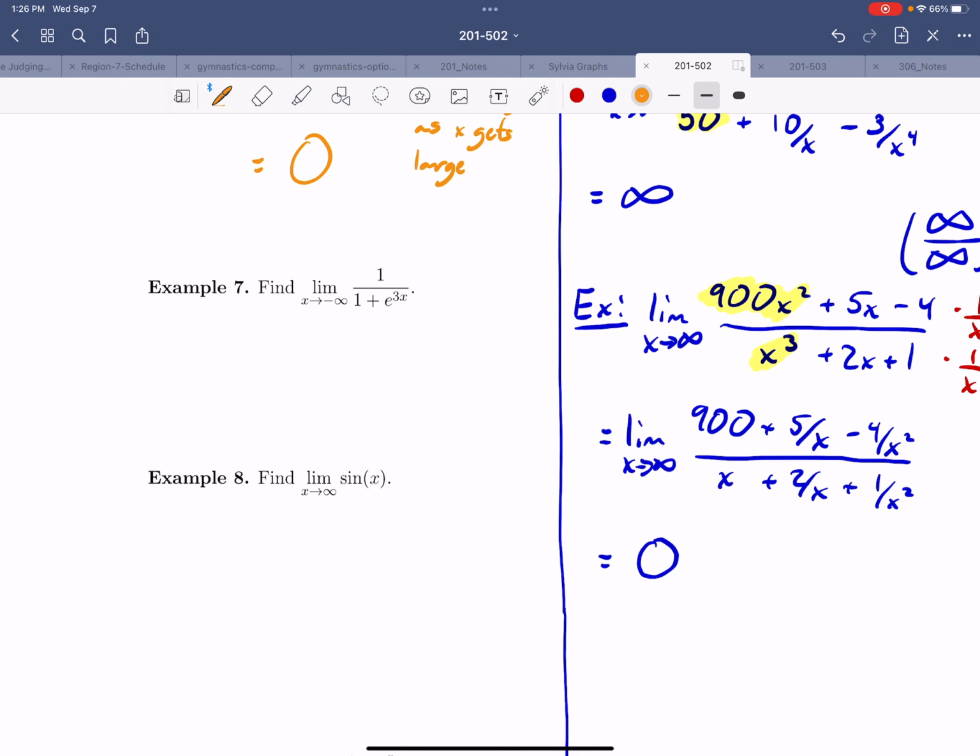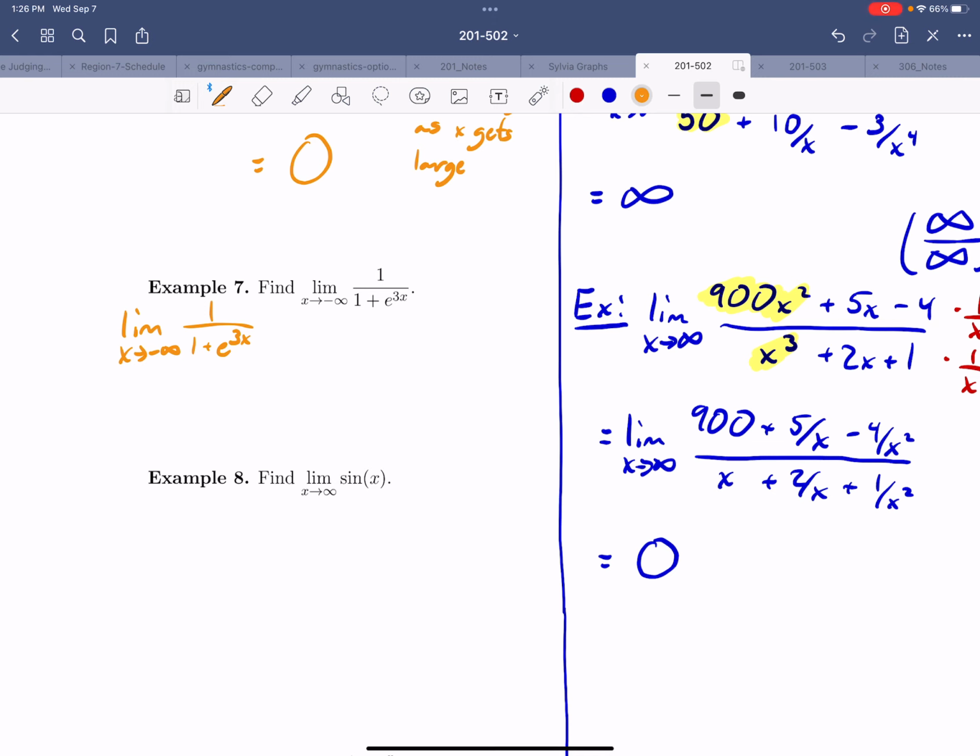Similar to this, right? Let's be a little careful here. We're approaching negative infinity right there. But let's see what happens. As x approaches negative infinity, 1 over 1 plus e to the 3x. So remember that anytime you raise a positive number to a negative power, we're talking about 1 over that number to a positive power.